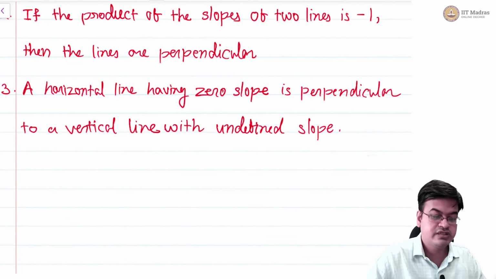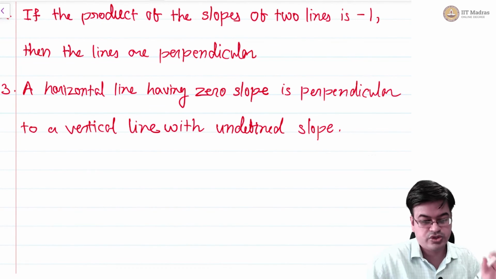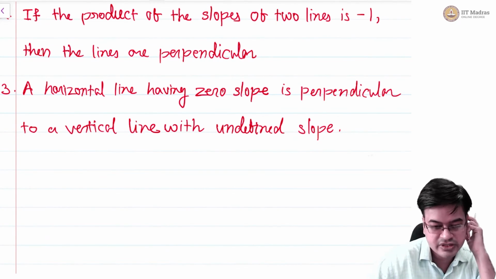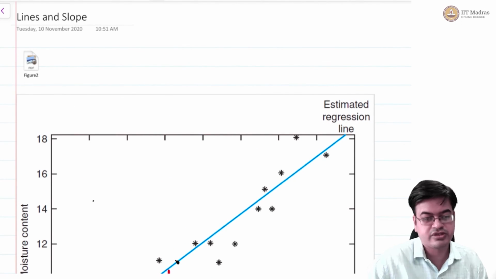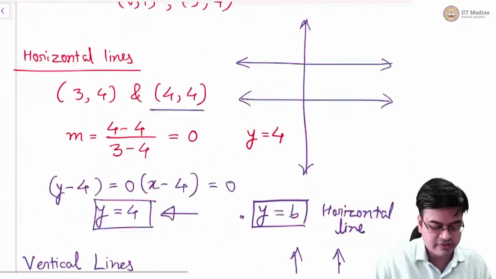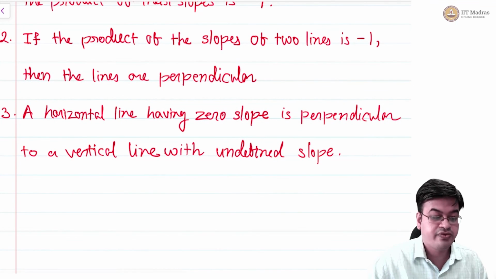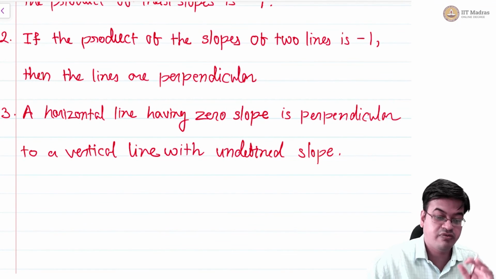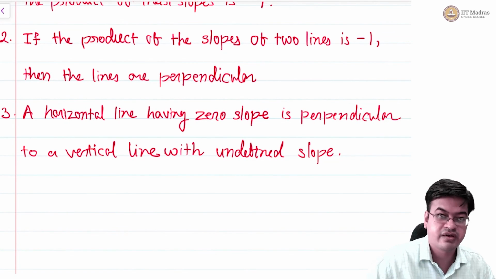Okay, so in general, if you have a non-vertical line, then there is no issue. You can simply find the equation of a perpendicular line using your product formula, that is m1 into m2 is equal to -1. If you have a vertical line or a horizontal line for figuring out the perpendicular line, then you don't have to do any calculations.